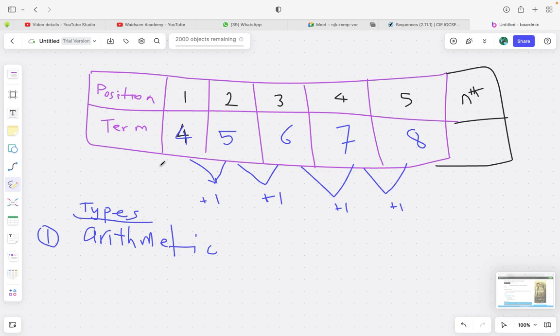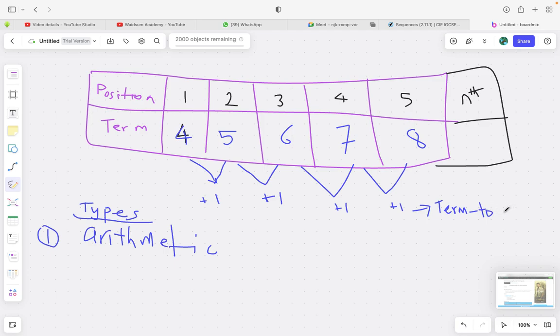So this type of sequence, increasing or decreasing, where the term to term rule is positive or negative with the same number, you say it's an arithmetic sequence. This is called the term to term rule, or in another way, we can just call it the common difference.